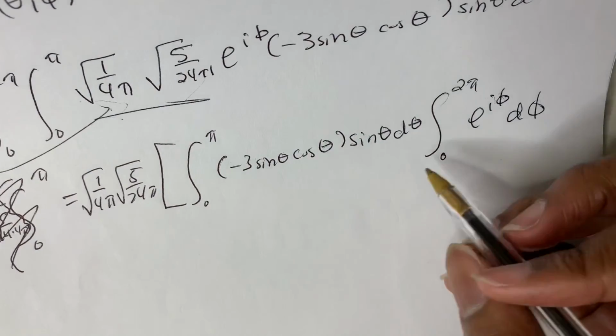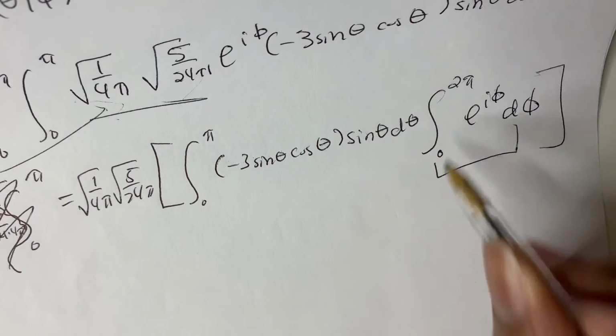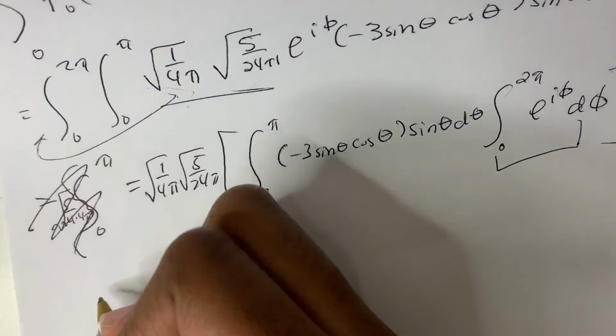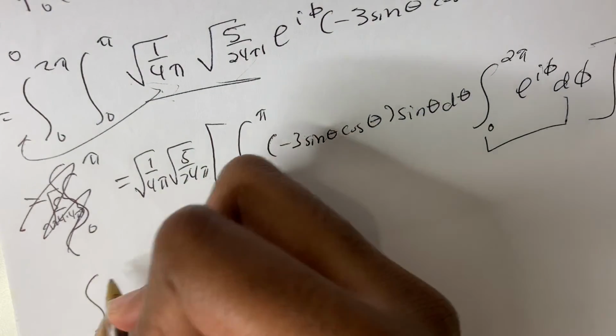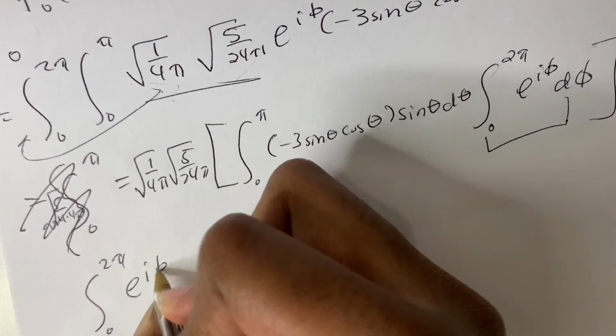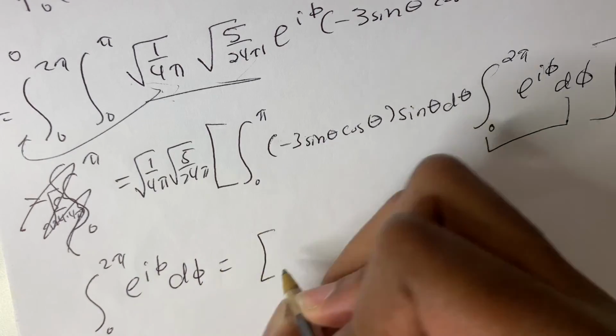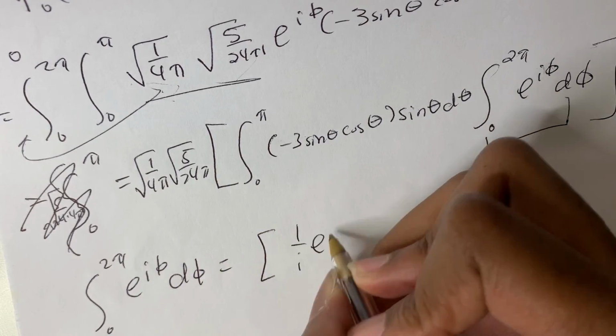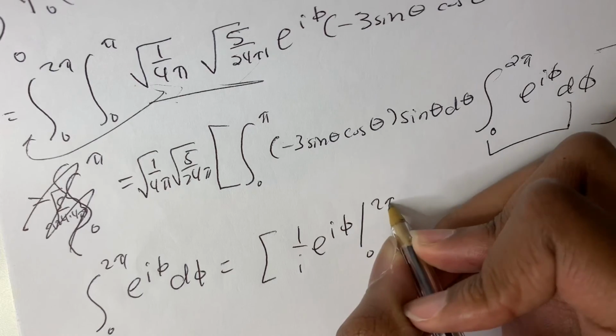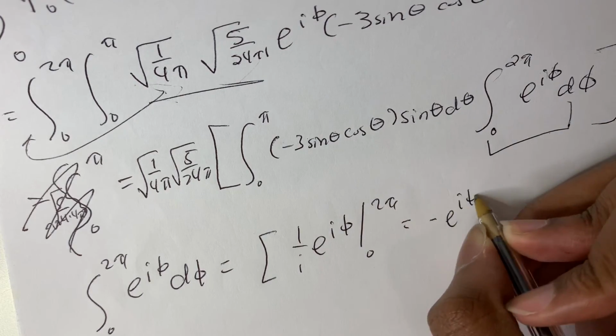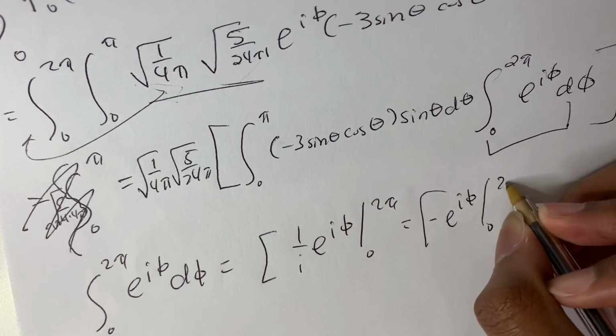It turns out you only have to evaluate this one integral. The integral from 0 to 2 pi of e to the i phi d phi is 1 over i times e to the i phi evaluated from 0 to 2 pi. That's just minus i e to the i phi evaluated from 0 to 2 pi.